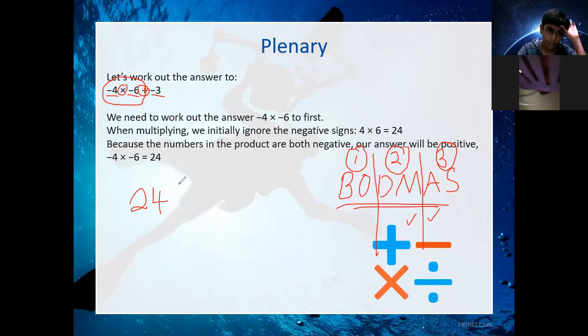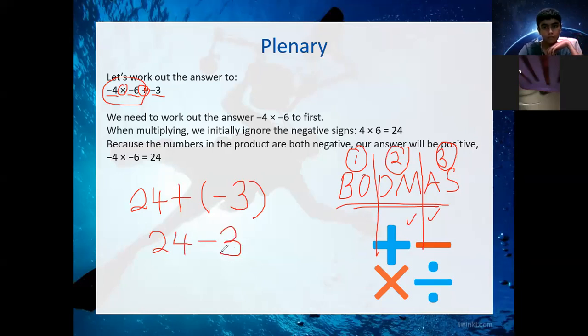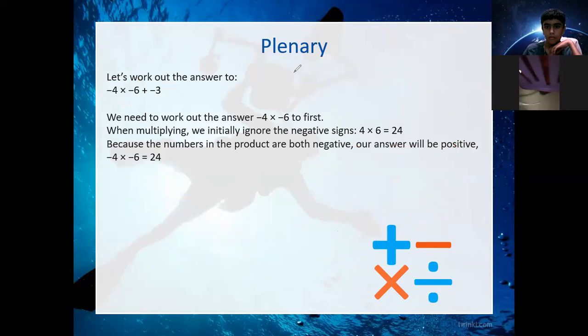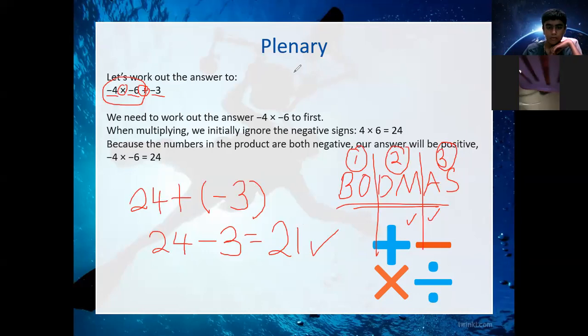And then you continue plus with -3. Now you do the addition part. But this is, remember, two symbols. So this will become 24 minus 3. Correct? And that will end you up with 21.